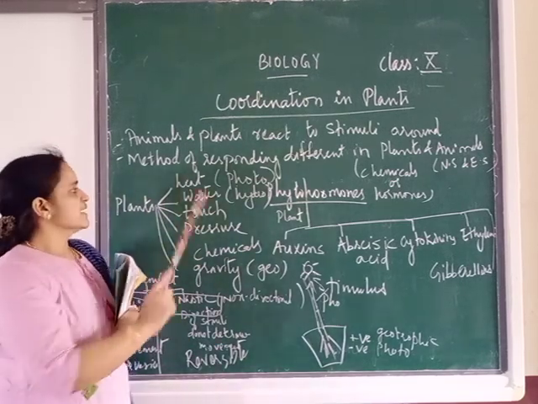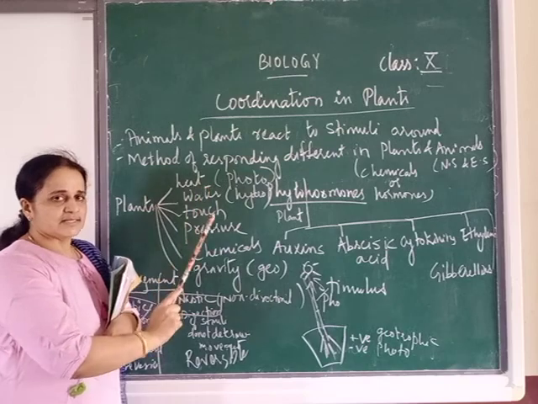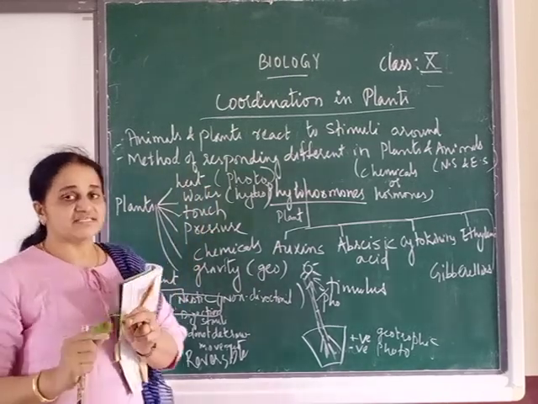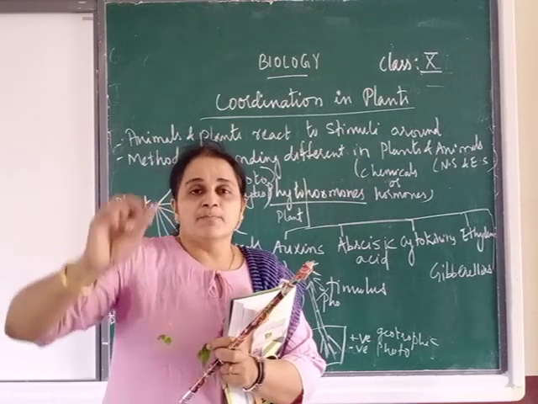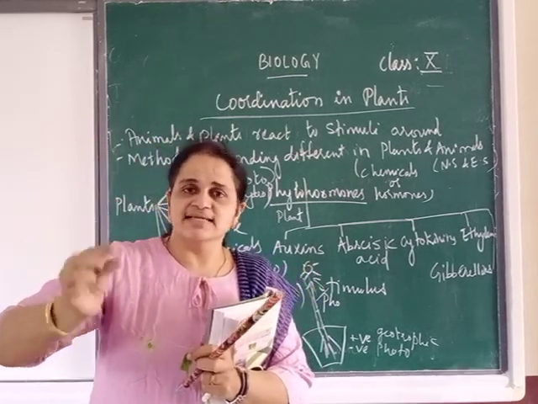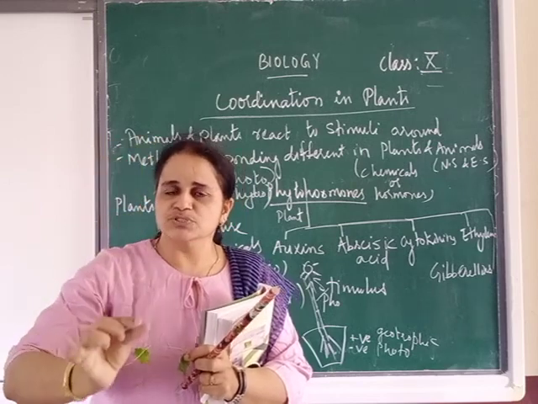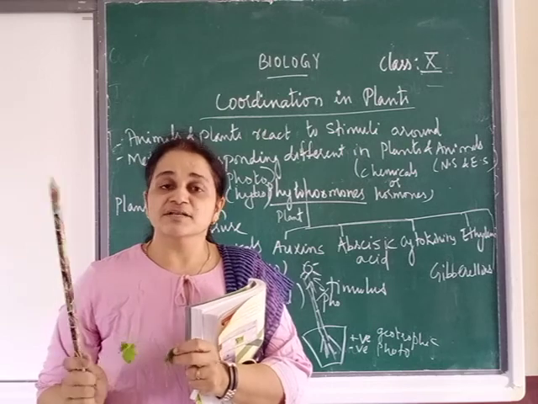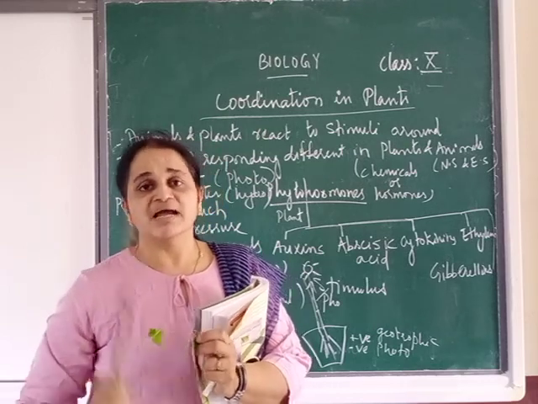What are those? Heat, water, touch, pressure, chemicals and gravity. When I say chemicals, I mentioned the pollen tube. Before fertilization, the pollen tube moves towards what? The ovary. We are going to do that in reproduction in plants.